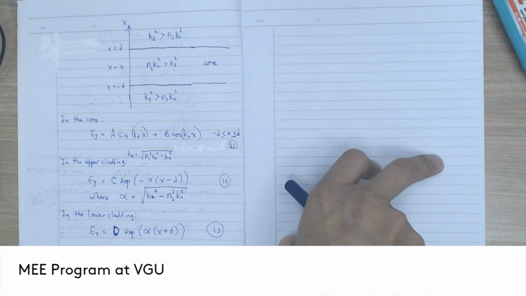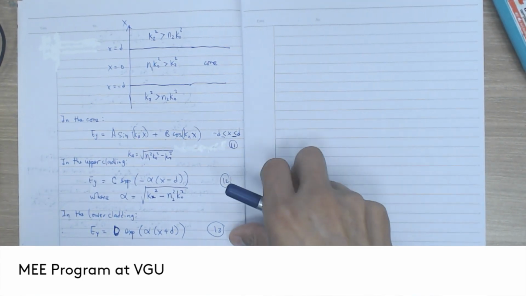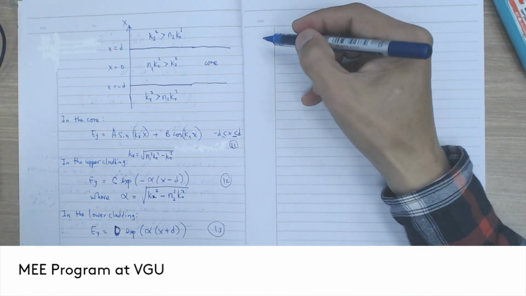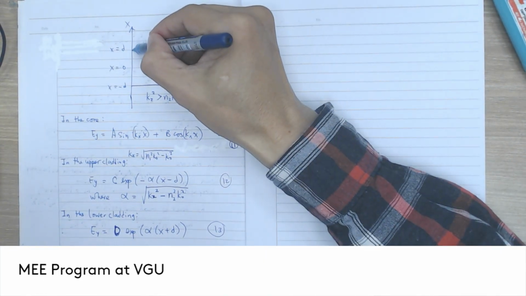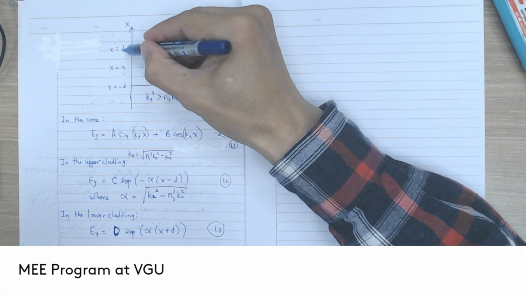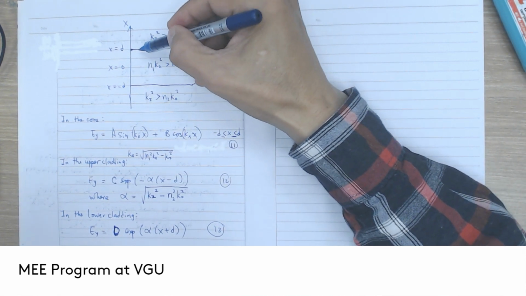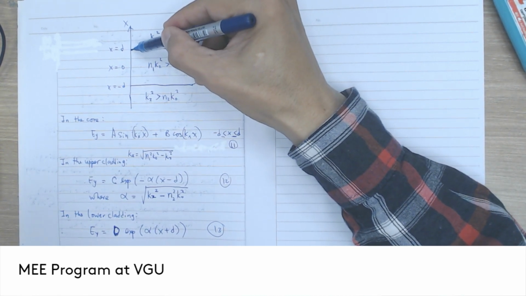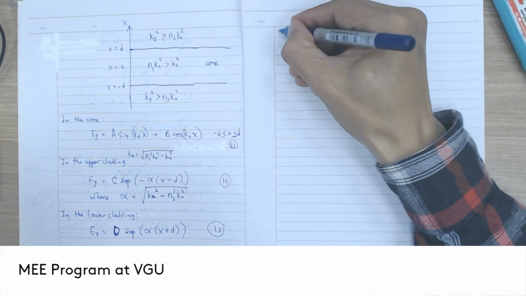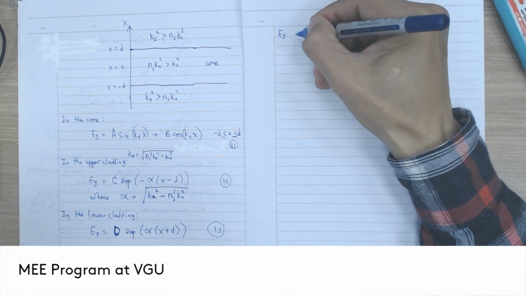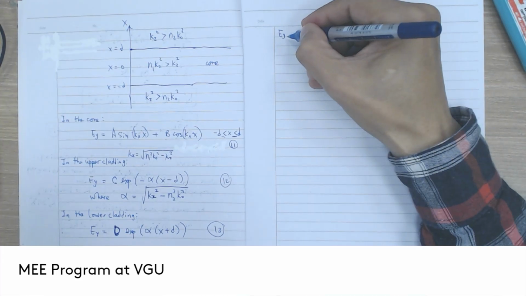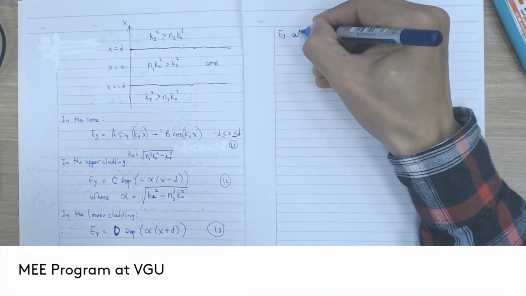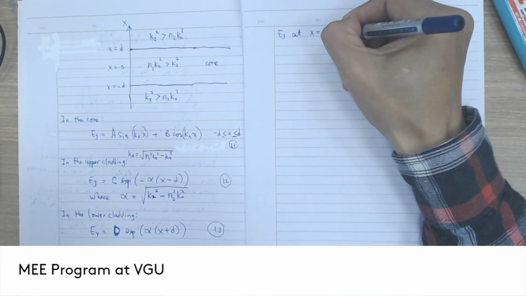First, we can use the boundary condition. The boundary condition for the electric field E of y, the tangential electric field, at x equal to d.